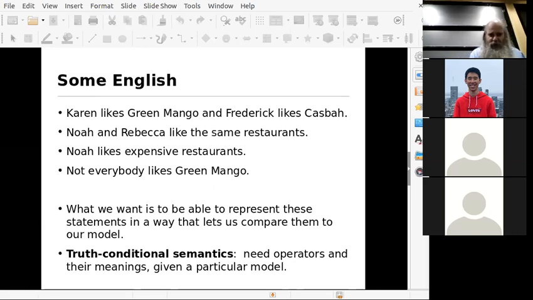So let's look at some English examples. So Karen likes Green Mango and Frederick likes Casbah. Can we get a first order predicate logic representation of that? And the answer is yes, we can do that. We'd like to be able to represent these statements in a way that lets us compare them. So we want this first order form.